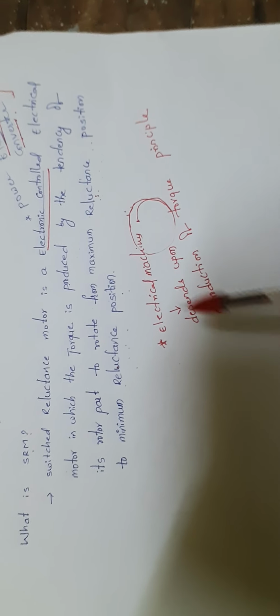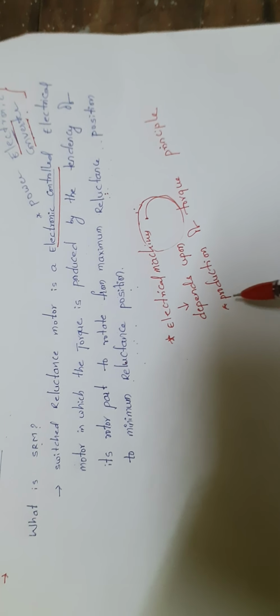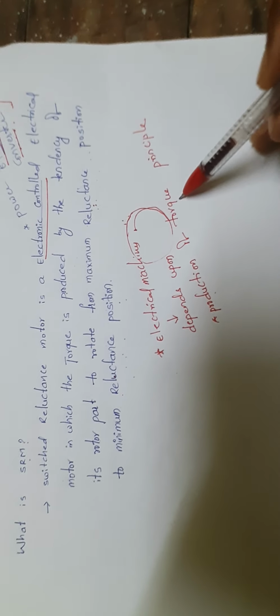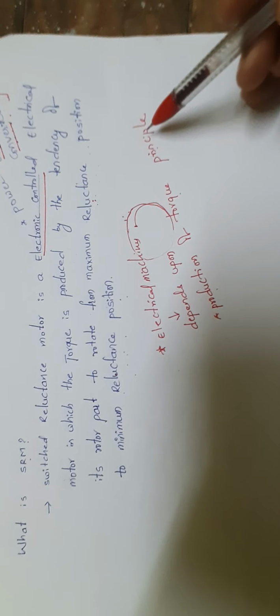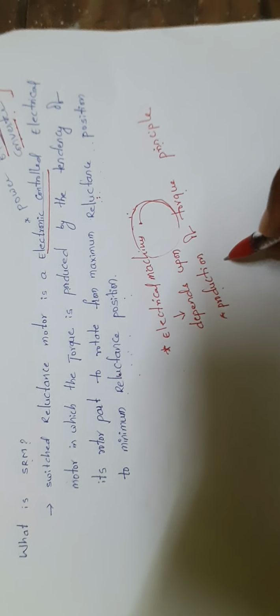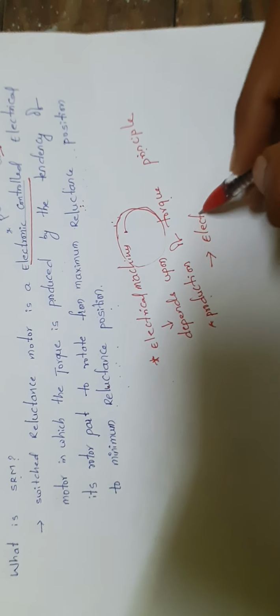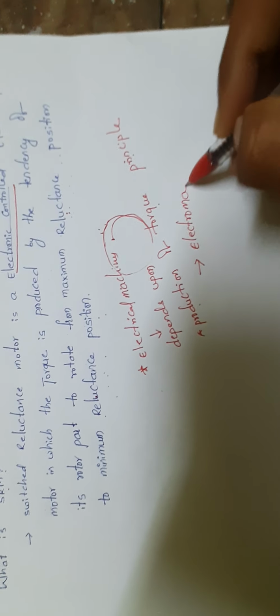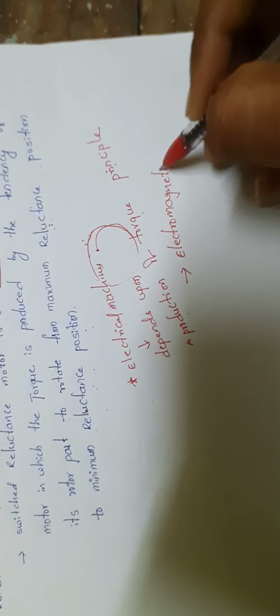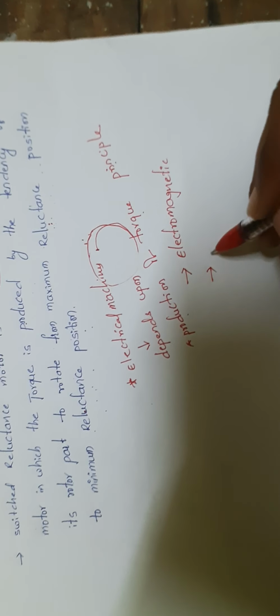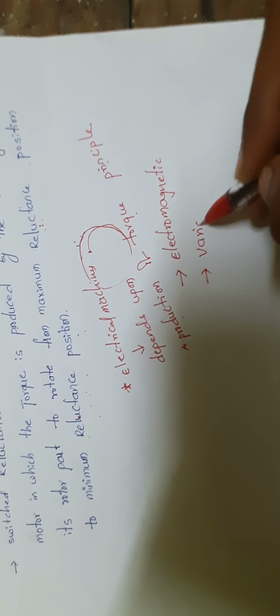Electrical machines are also classified into two types depending upon the principle of torque production. So, two types of torque production principles exist. The first one is the electromagnetic principle. The second is the variable reluctance principle.